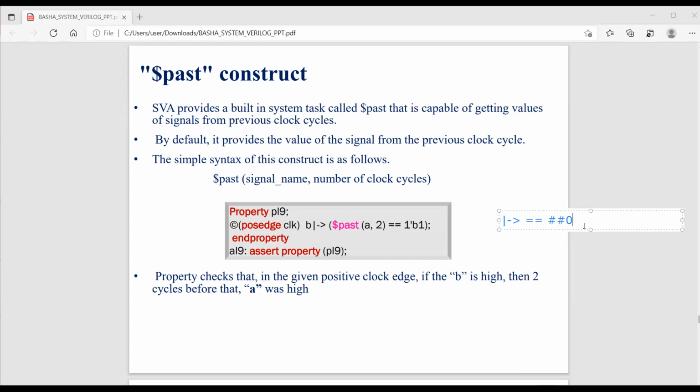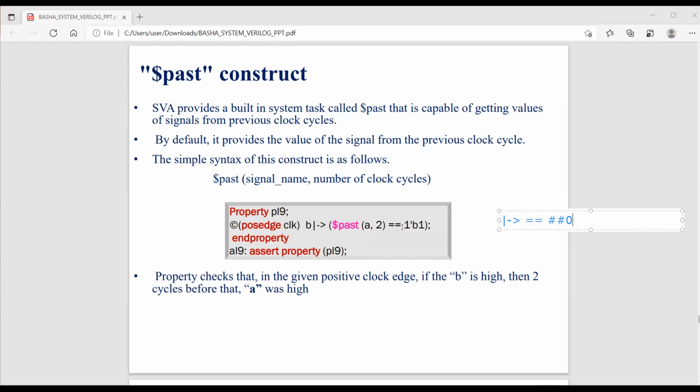So this is similar to this, and here you are checking signal A 2 clock cycles before, it should be 1. So the property checks that in the given positive clock edge, if B is high, then 2 clock cycles before that A was high.